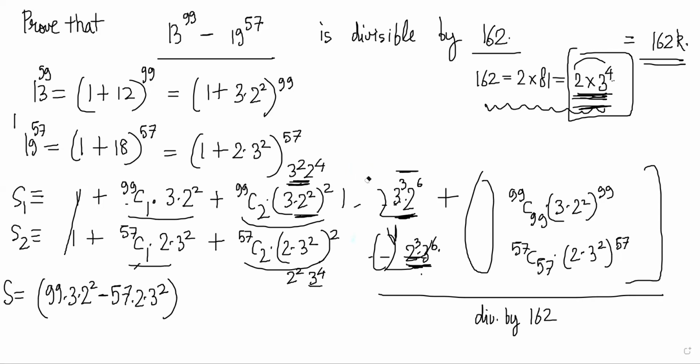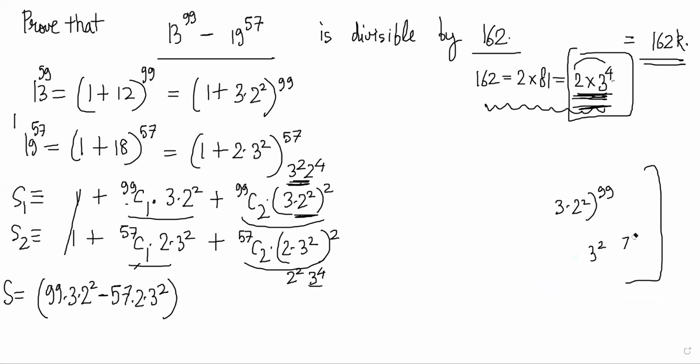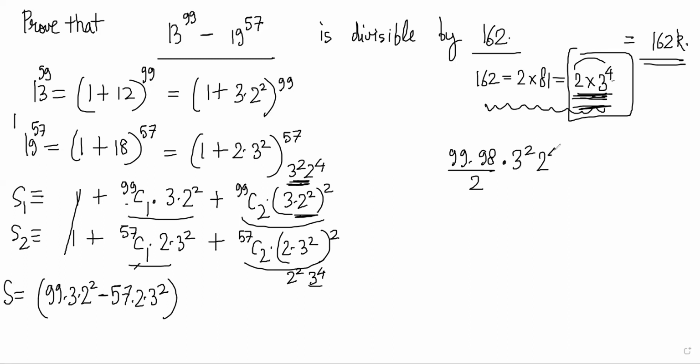But if you work through it a little bit, because of the presence of 99C2, we might be able to do it. If you think about 99C2, it is 99 into 98 by 2, multiplied by 3 square 2 power 4, minus this side, which is 57 into 56 by 2 multiplied by 2 square 3 power 4, right?